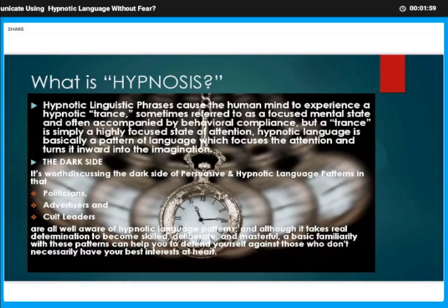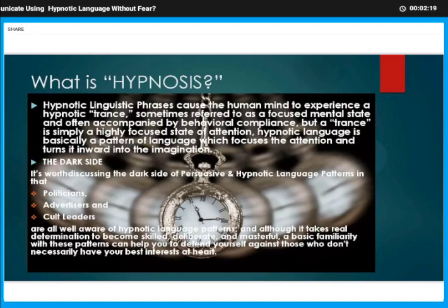Hypnotic linguistic phrases are any phrases that cause the human mind to experience a trance state or a hypnotic-like trance state. Some people even refer to it as meditation, but it's a focused mental state, and it's often accompanied by behavioral compliance.